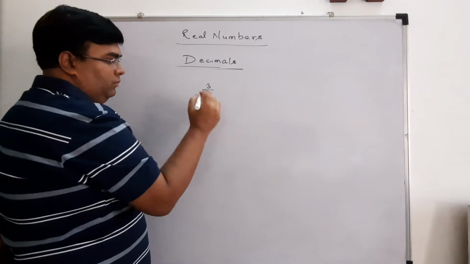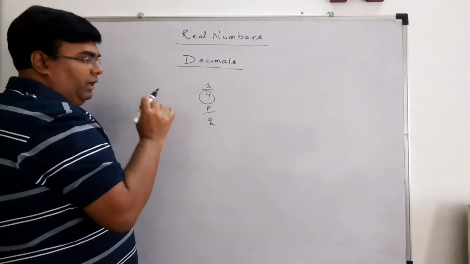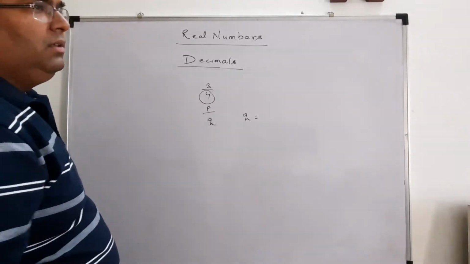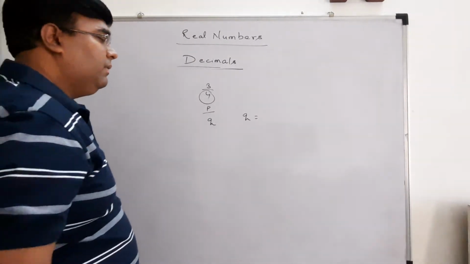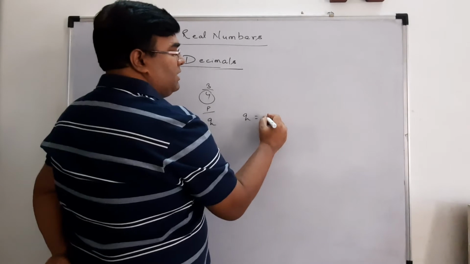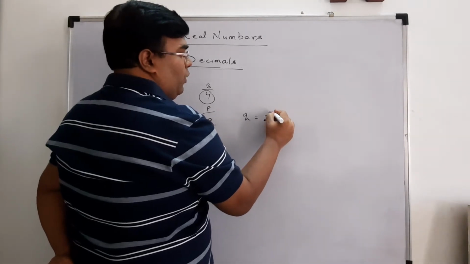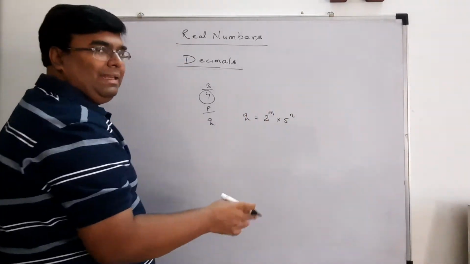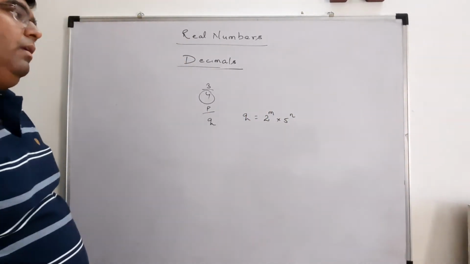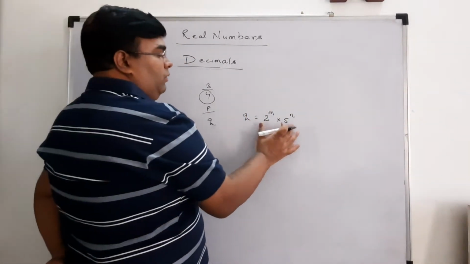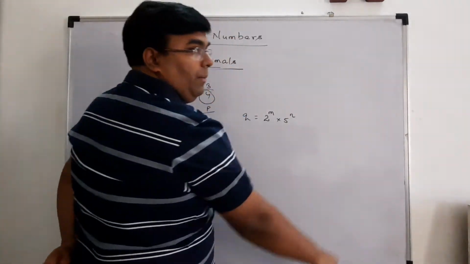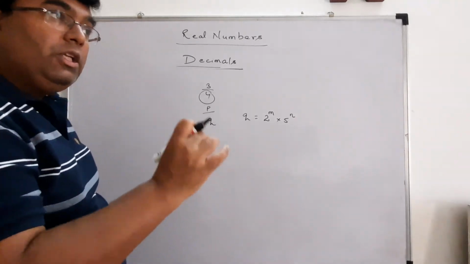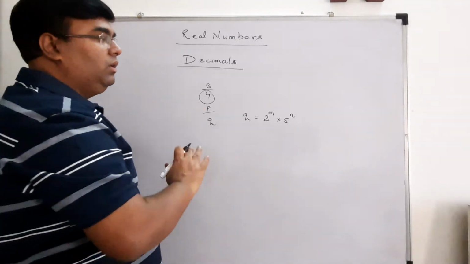In p by q, if q can be expressed, you remember the prime factorization, as 2 raised to m and 5 raised to n, where m and n can be any number, and no other number should come. Only 2, only 5, or only 2 and 5, no other number.